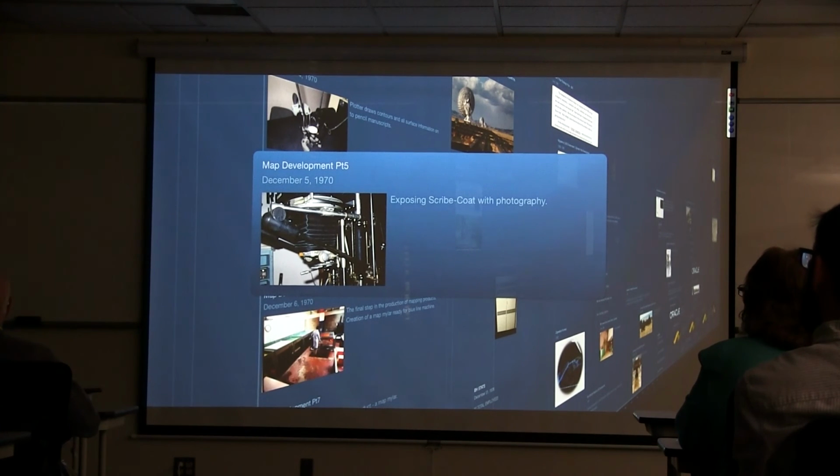Once that pencil manuscript was drawn, we would get on a light table with the pencil manuscript on it, then throw a piece of scribe coat on top of it, and take a jewel tip scriber, which had a sapphire or a hard stone on it, and cut that scribe coat to reflect the contours we were seeing through the light table. And we would then mark the elevation of those contours on that same scribe coat.